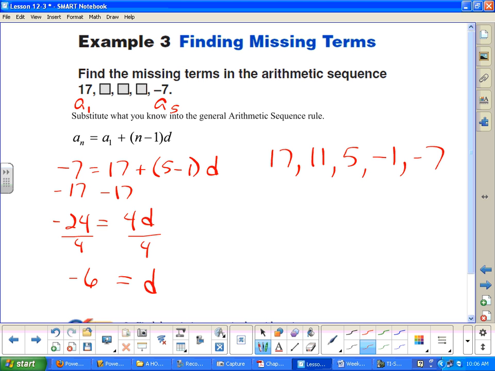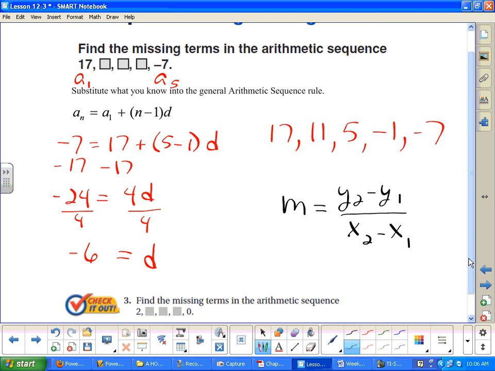So when we calculated slope, we said slope is equal to y2 minus y1 over x2 minus x1. We did that with our slope. Well, let's change this to a d. What things represent the y's and what things represent the x's?